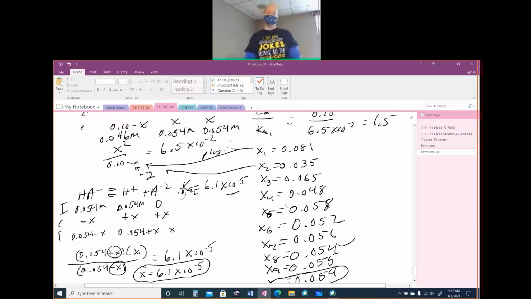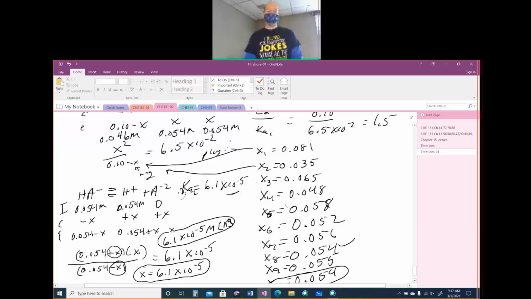You do not need to. Anytime you have an initial concentration of both a reactant and a product, you never need to check that answer. And so what we have is 6.1 times 10 to the minus 5 molar for our A minus 2. So that is your concentration of A minus 2.